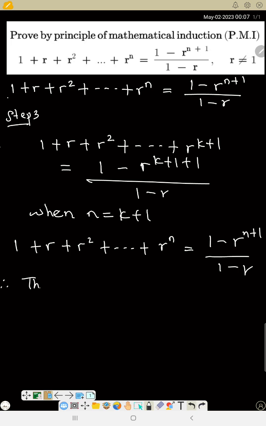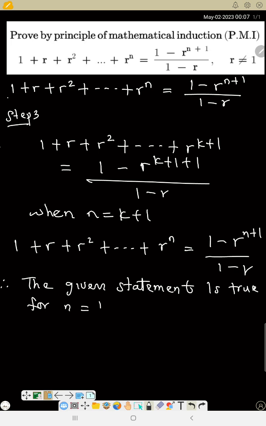Therefore, you conclude the given statement is true for n is equal to k plus 1. So that means we have proved like this. So final conclusion now.